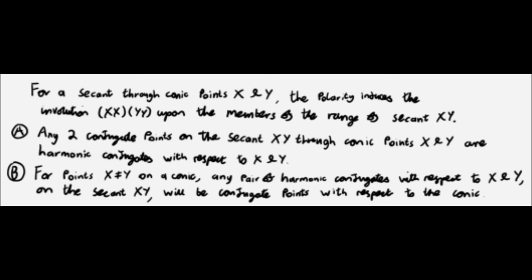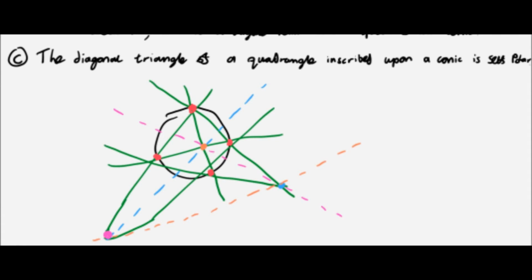So another very useful result is relating quadrangles to the idea of self-polar triangles. So recall that earlier on I was talking about how any of these so-called hyperbolic polarities can be expressed using this notation A, B, C, capital P, lowercase p, which is basically an expression of the polarity in terms of a self-polar triangle.